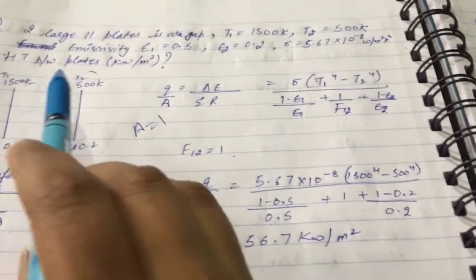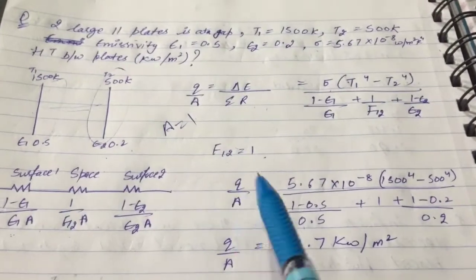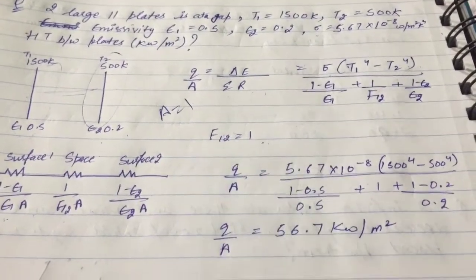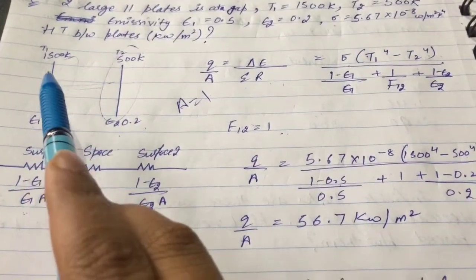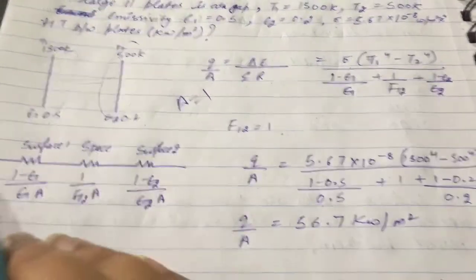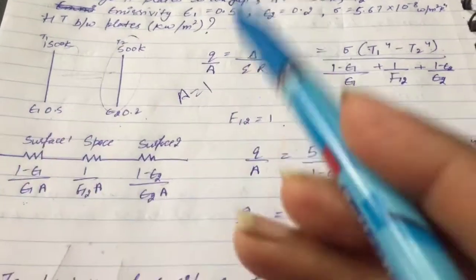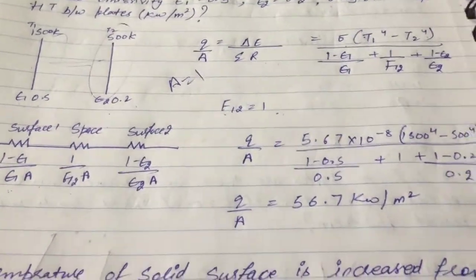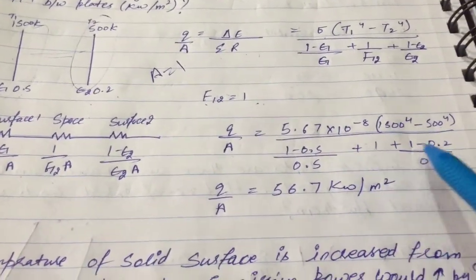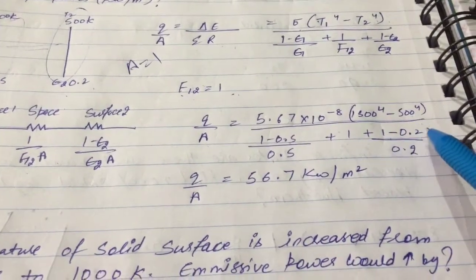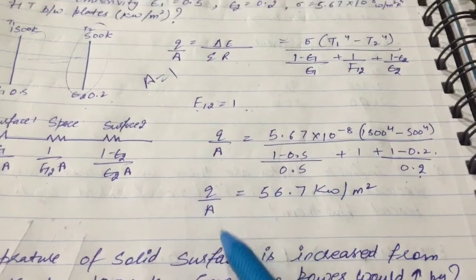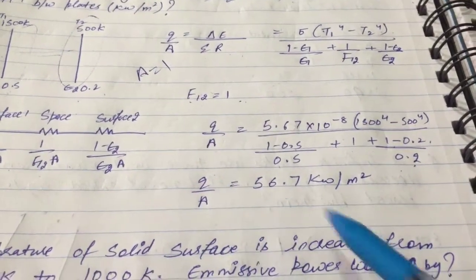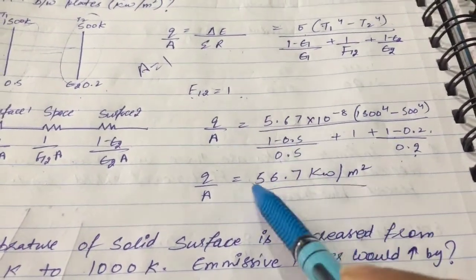Why? Because these are two large plates. We have studied that for two large plates, all the radiation from plate 1 would fall on plate 2. So F12 would be 1, plus 1 minus epsilon 2, which is 0.2, by epsilon 2, 0.2. So Q by A, which is our heat transfer between the plates, comes out to be 56.7 kilowatt per meter square.